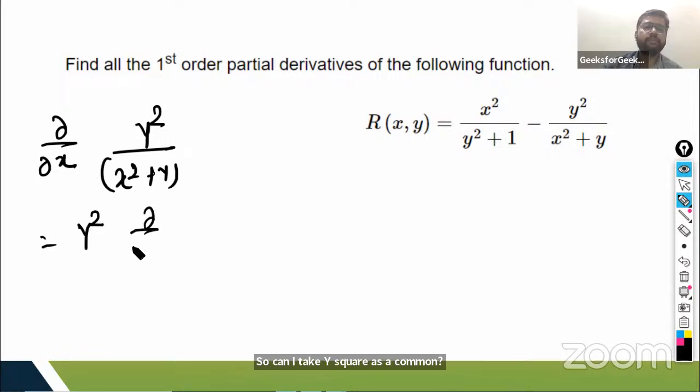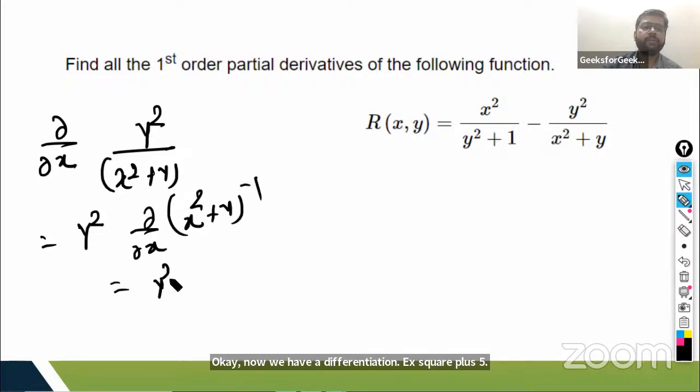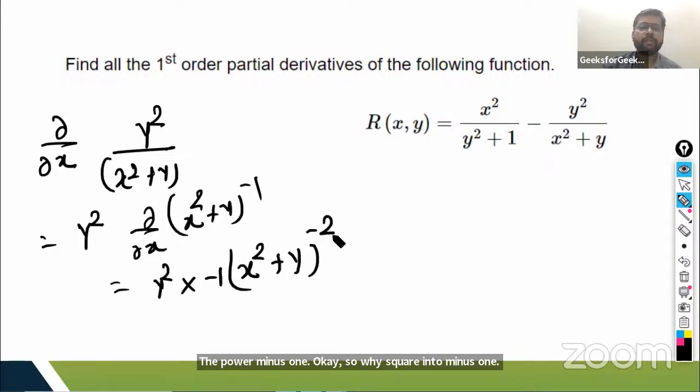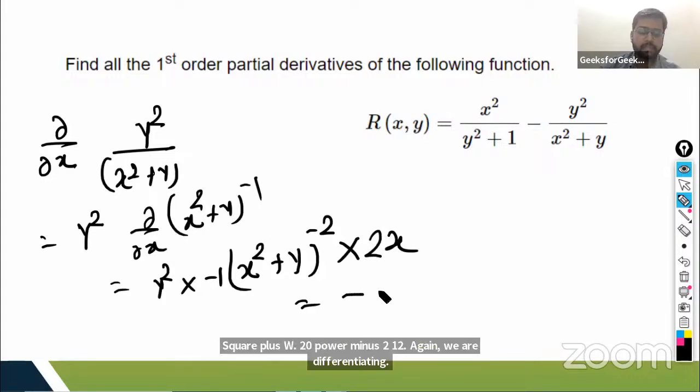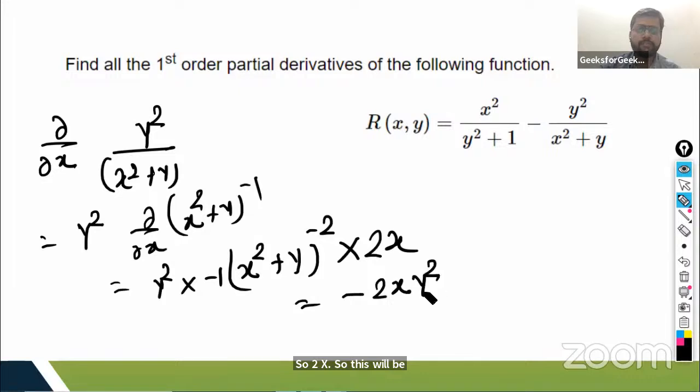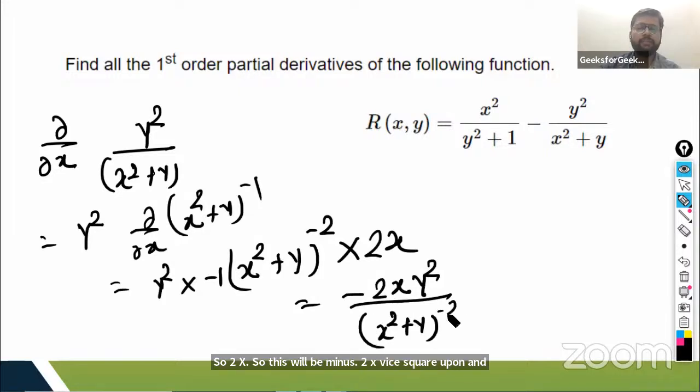Now we have the differentiation of (x square plus y) to the power minus 1. So y square into minus 1 into (x square plus y) to the power minus 2, into, again we are differentiating, 2x. So this will be minus 2x y square upon (x square plus y) to the power minus 2. Something like this will come.